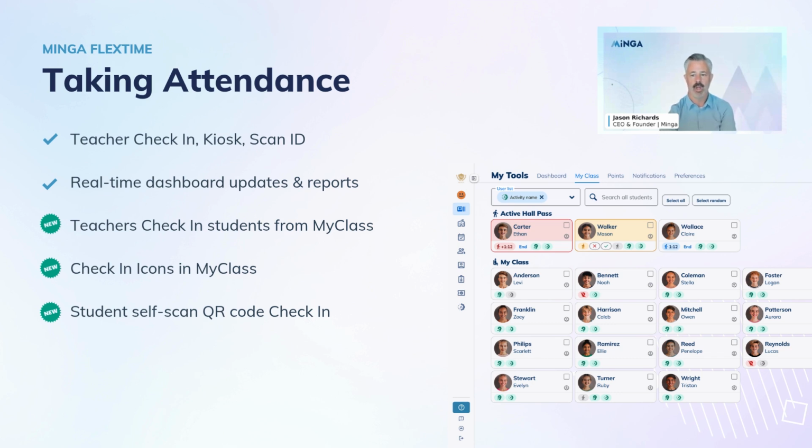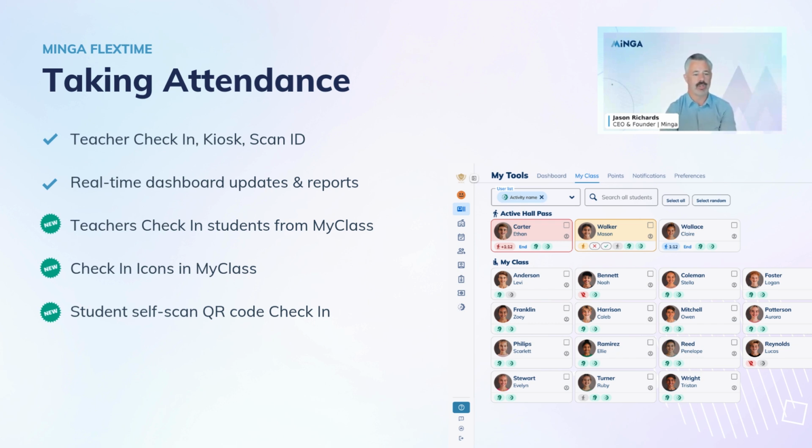That's going to show them all the students that are assigned and registered for that. If students are on hall passes, it'll pop up right away, because that would be a reason why a student might not be in that class in that activity at that moment. And then you can either select all and do negative based attendance, or start from empty and do positive based attendance. Select the students that aren't here or are here, and then check them in.